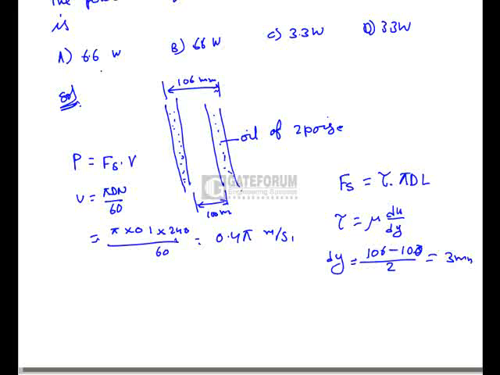That is, this is the gap between cylinder and shaft. So here dy is equal to 3 mm and du is given by 0.4 pi.